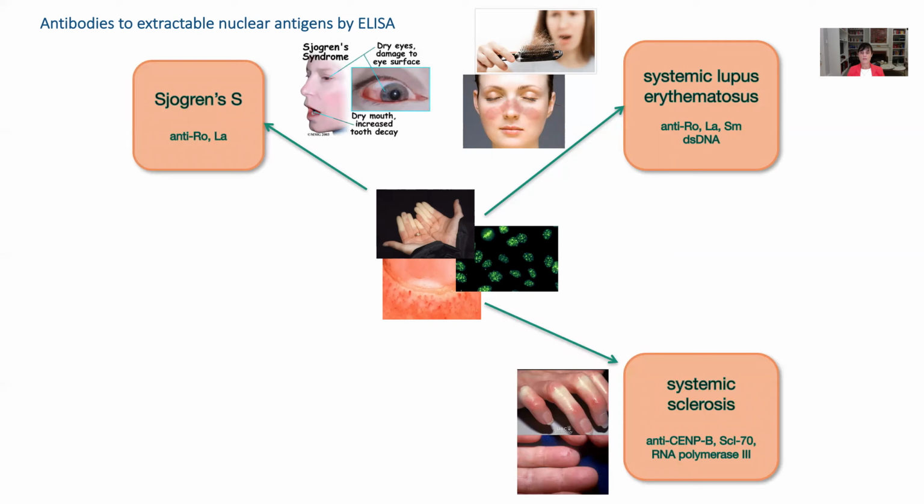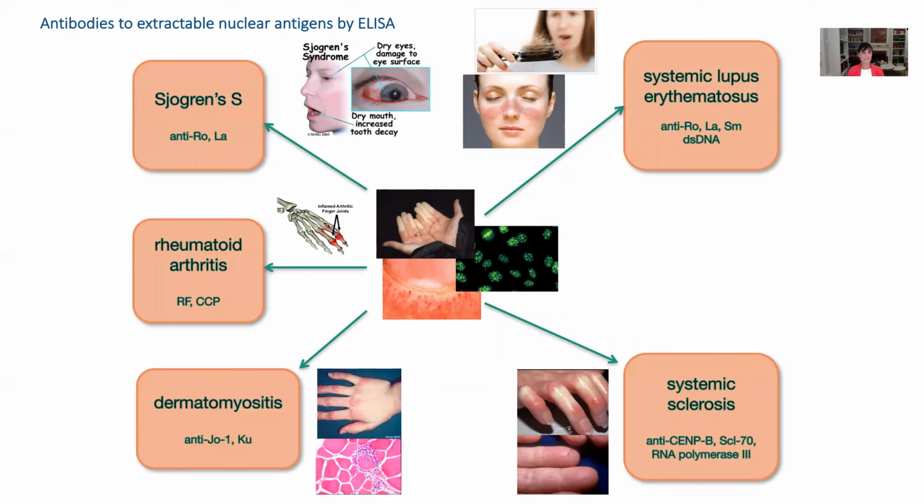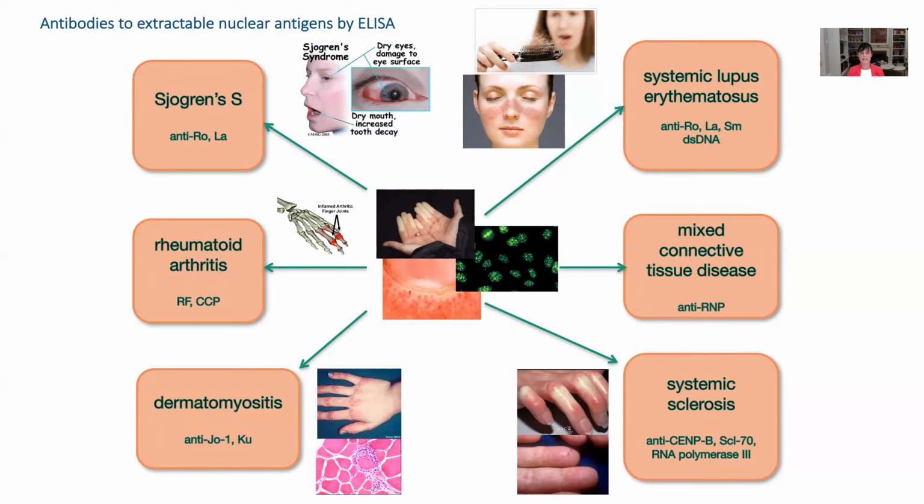Systemic sclerosis or scleroderma has the anti-centromere antibody, the nucleolar antibody, and Scl-70 and RNA polymerase III antibody. Dermatomyositis, anti-Jo1 and others, as well as a whole range of other antibodies which require specific testing. Rheumatoid arthritis has rheumatoid factor and anti-CCP antibody, and mixed connective tissue disease is characterised by the anti-RNP antibody.